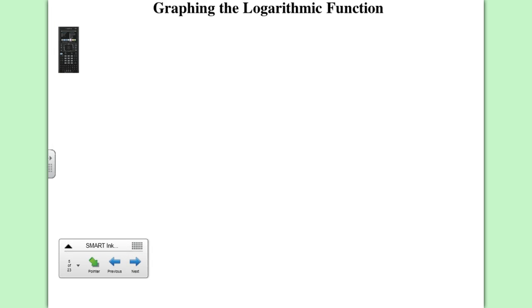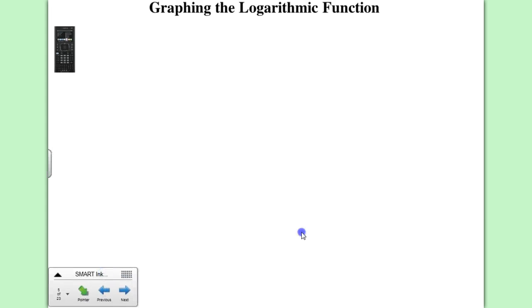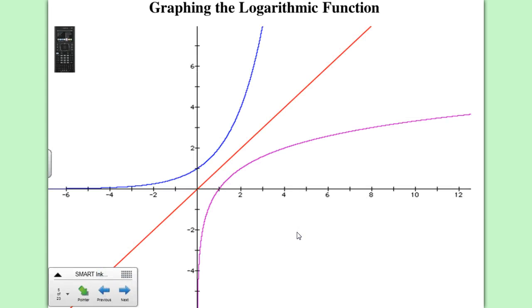So how do we graph them? Probably the best way is to remember that they're inverses of the exponential. So if you know what 2 to the x looks like, you also know what its corresponding log graph looks like. It's just the reflection in the line y equals x. As long as you understand inverses, you're fine, right?